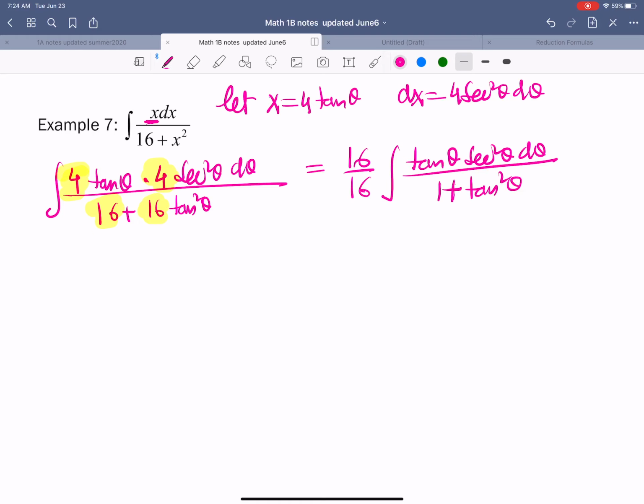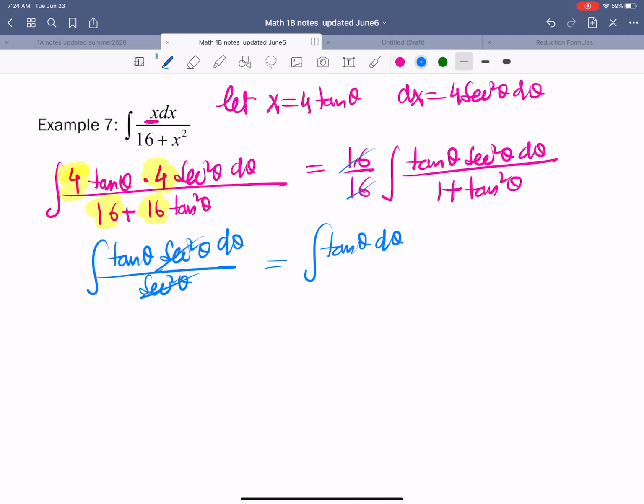Again, know your identities really, really well. 1 plus tan squared theta, so 16 and 16 is gone. 1 plus tangent squared theta is secant squared theta. So this turns out to be tangent theta secant squared theta d theta over secant squared theta, which is tangent theta d theta.